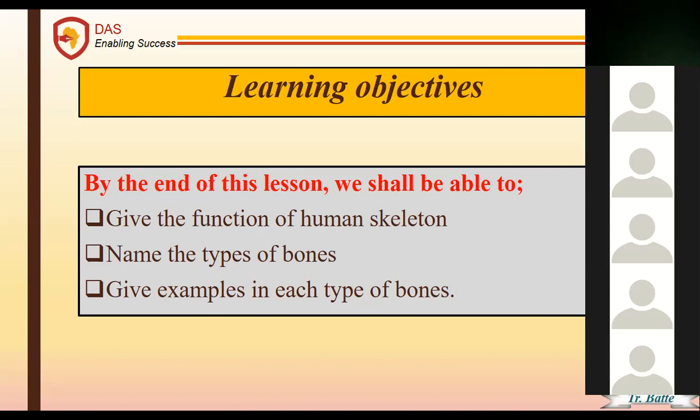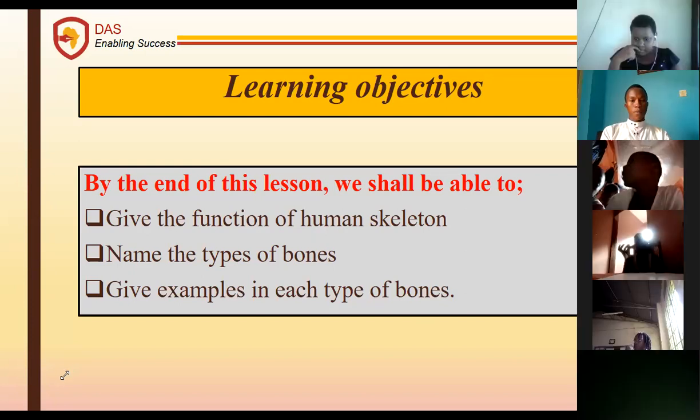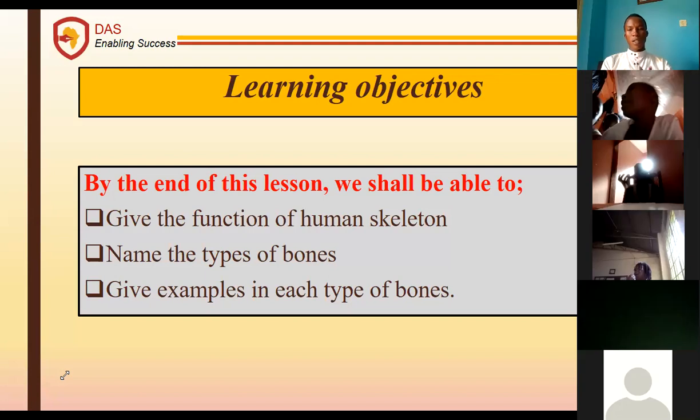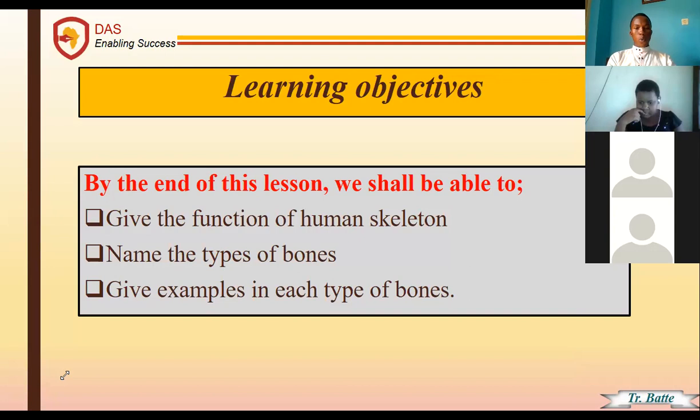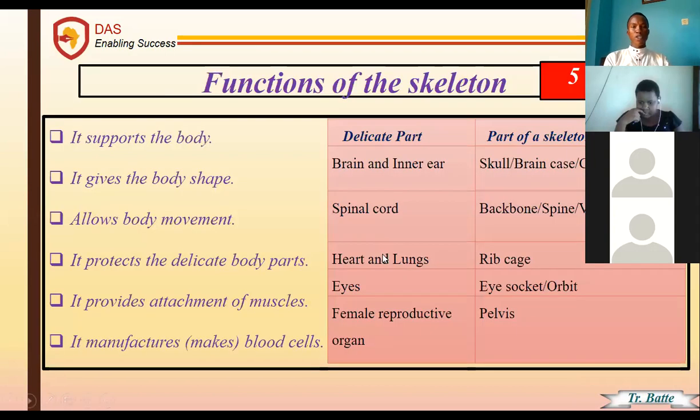To name the types of bones, we are going to look at types of bones. And lastly, we are going to look at examples of each type of bone. Those are our intentions for today. Are we together? That's why we are here in this lesson. Is that okay? So we shall start off with functions of the human skeleton.